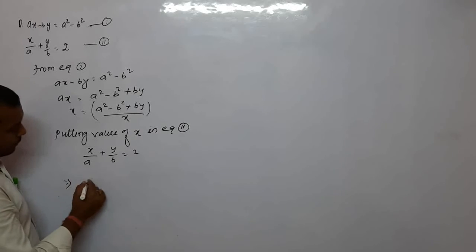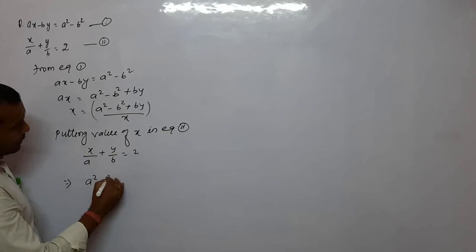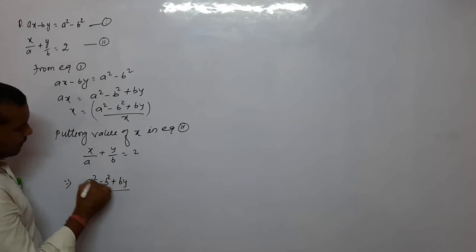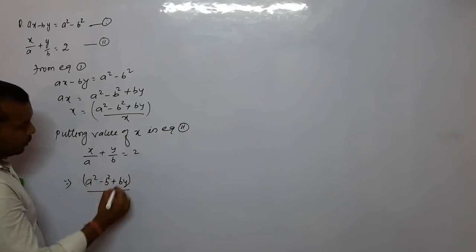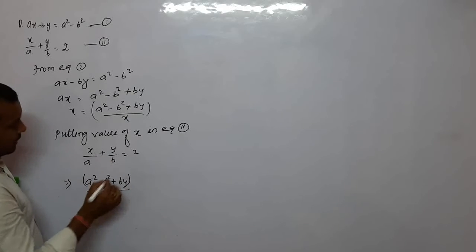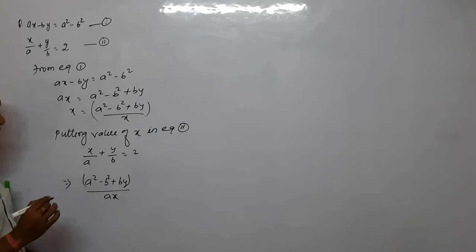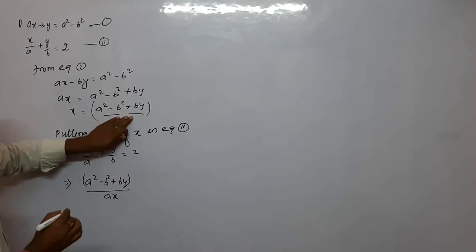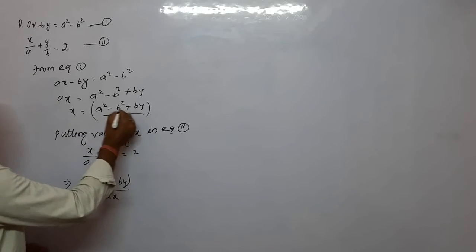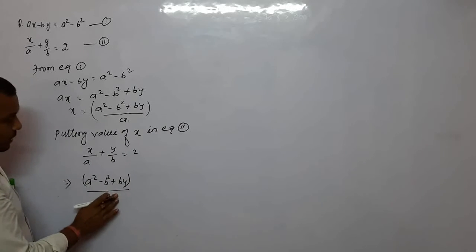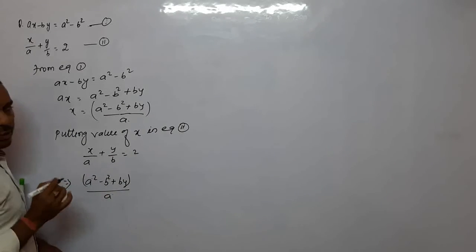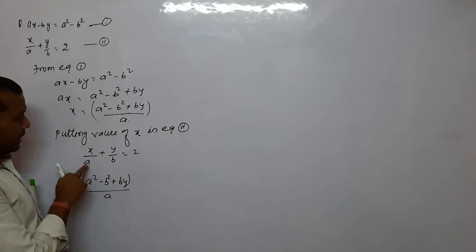So we have a square minus b square plus by, and in the denominator we are having a, not x, since we have obtained the value of x over here. Okay, clear?